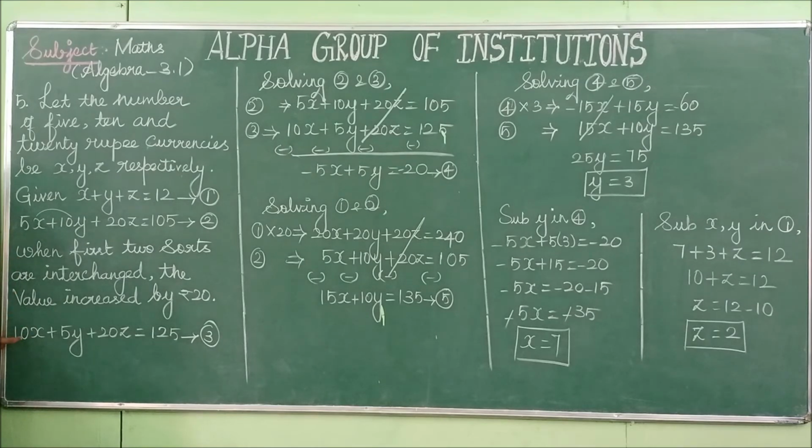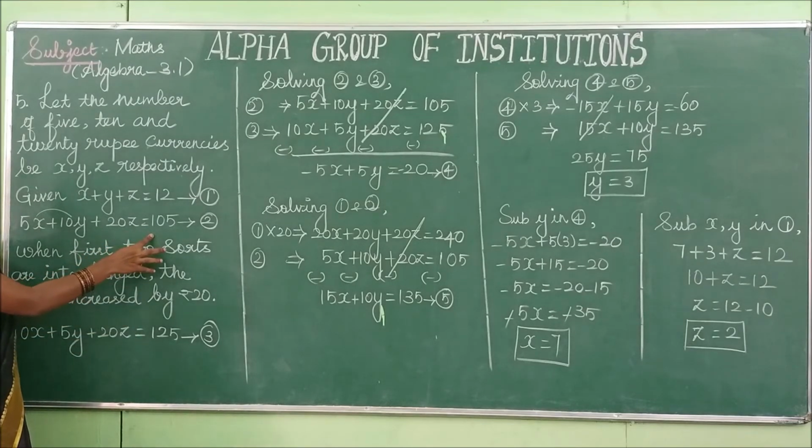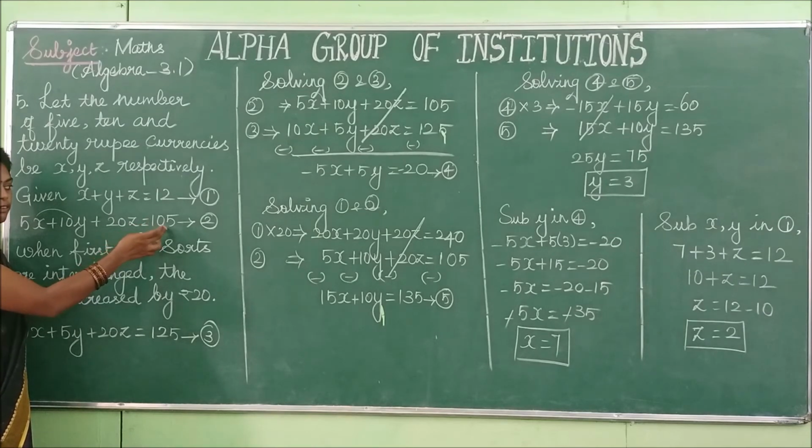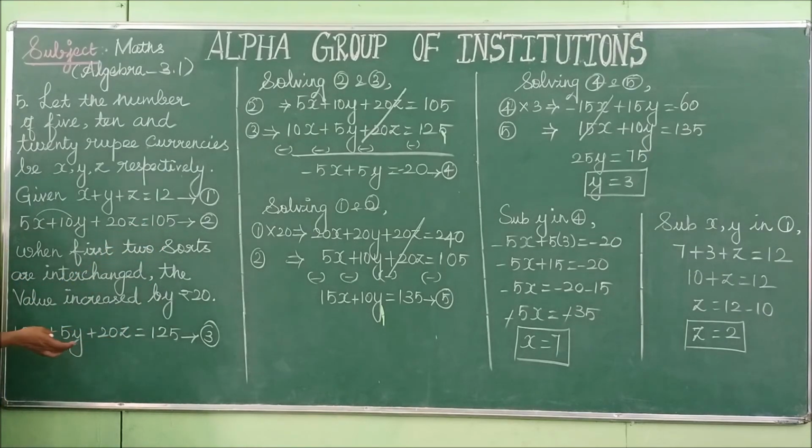This 10 goes to the x place and 5 goes to the y place. 10x plus 5y plus z remains the same, 20z, is equal to the already existing 105. If you change the sorts, the value will be increased by 20, so you add 20 to this value. 105 plus 20 is 125.